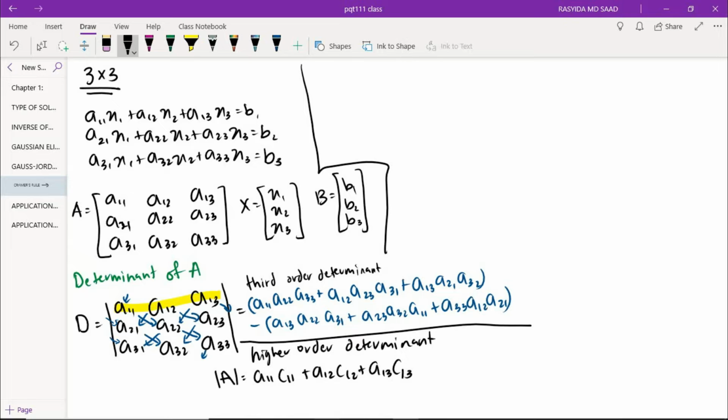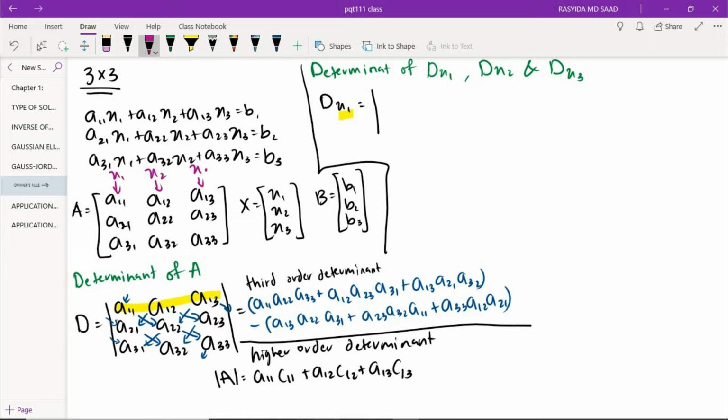After you find the determinant of A, as usual, we need to find the determinant for x1, x2, and also x3. Right now we want to find the determinant for x1, and remember, this column is for x1, this one for x2, and this one for x3.